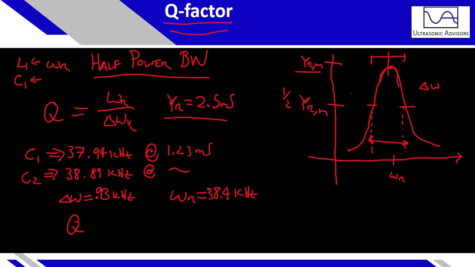So the quality factor is 38.4, which is the resonant frequency, divided by the bandwidth. That gets us to a quality factor of 41.